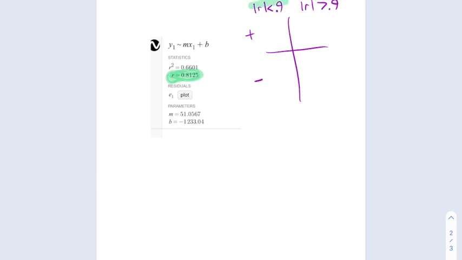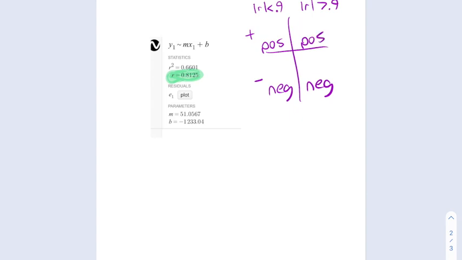It says if the absolute value of R is less than 0.9, if the absolute value of R is greater than 0.9, and if R is positive or if R is negative. If R is negative, that means we have a negative relationship. If R is positive, we have a positive relationship.